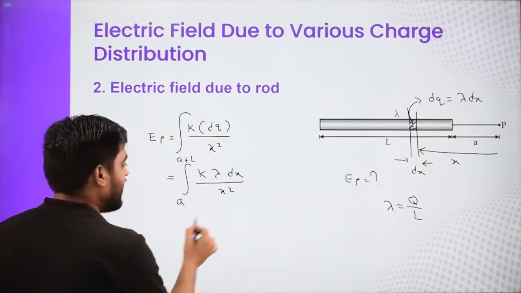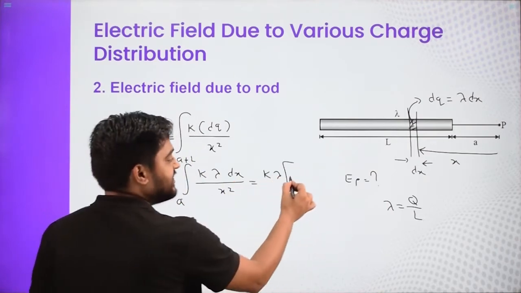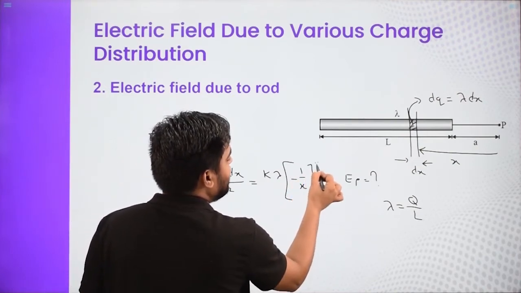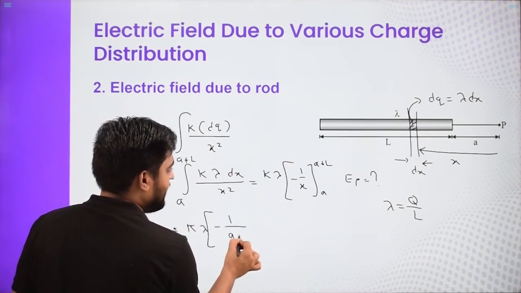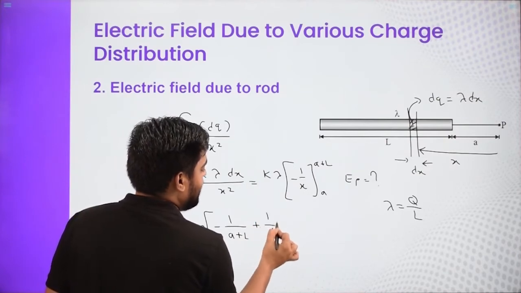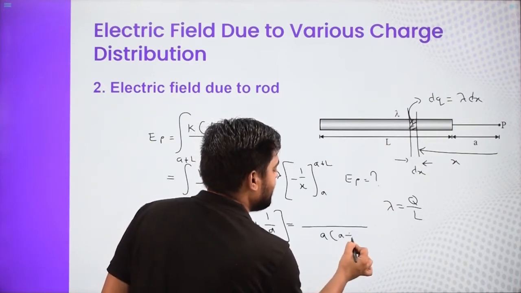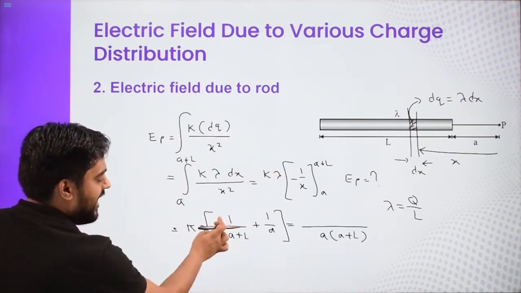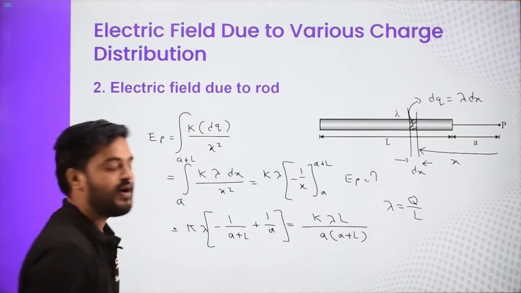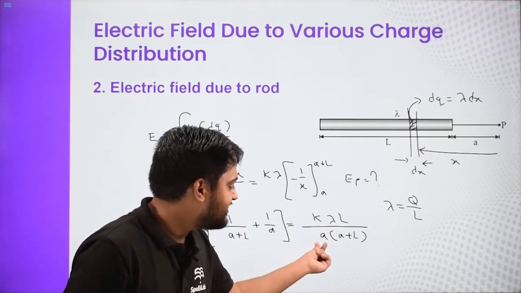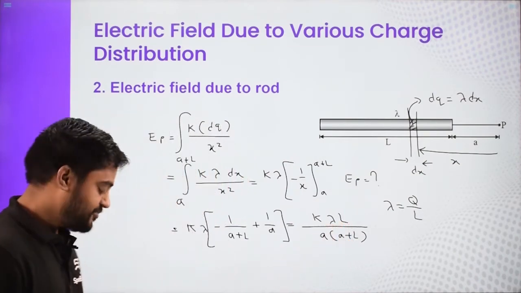When you integrate, k lambda is a constant quantity, and the integration of 1 by x square is minus 1 by x, and put the limit a to a plus L. So we get k lambda times minus 1 by a plus L minus minus 1 by a, and when you take the LCM, a into a plus L, and simplify it, only L is left, and k lambda also comes over here. So this is the formula for the electric field at a distance a due to a uniformly charged rod, which itself has L length and lambda charge per unit length.